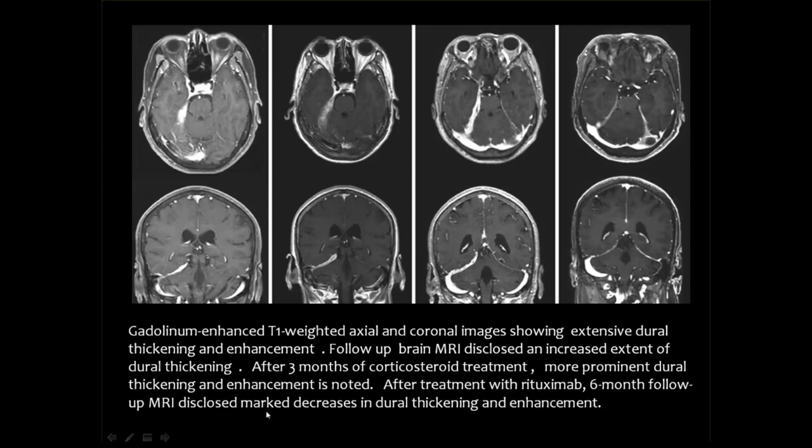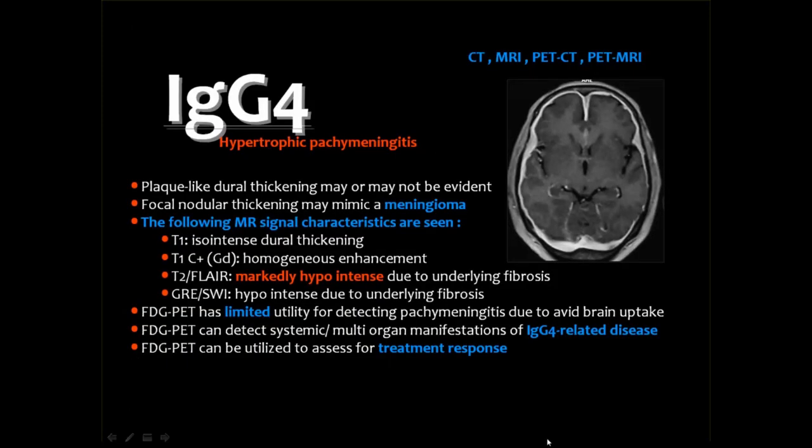The 6 months follow-up MRI showed significant regression in the disease process, especially of the tentorial leaflet. Then hypertrophic meningitis means diffuse thickening and enhancement of the dura. And if it is focal, it may simulate a meningioma.